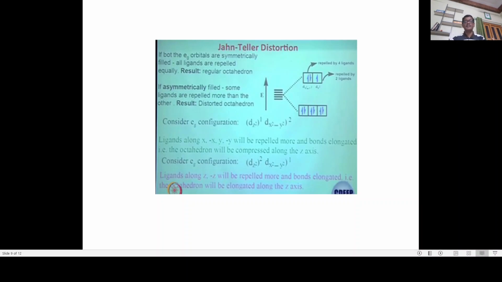Consider the configuration dz square 2, dx square minus y square 1. Ligands along the Z plus and Z minus axis will repel more and bonds are elongated. That is, the octahedron will be elongated along the Z axis.